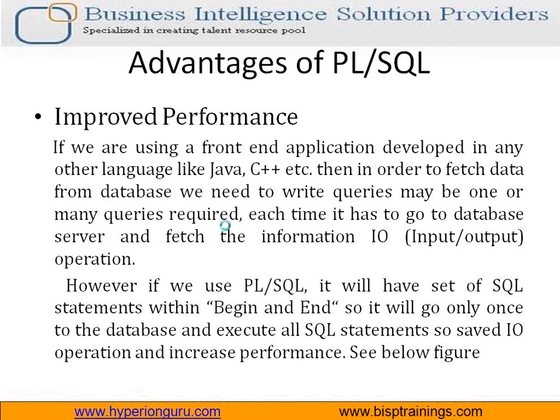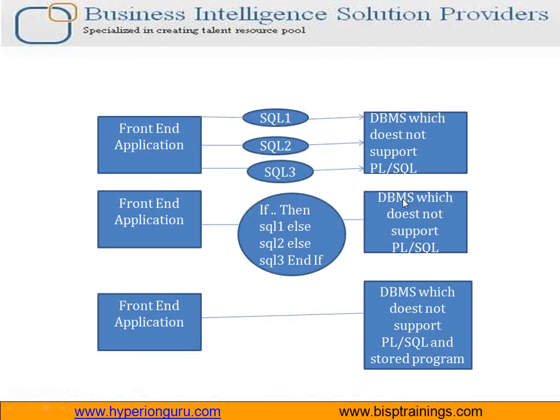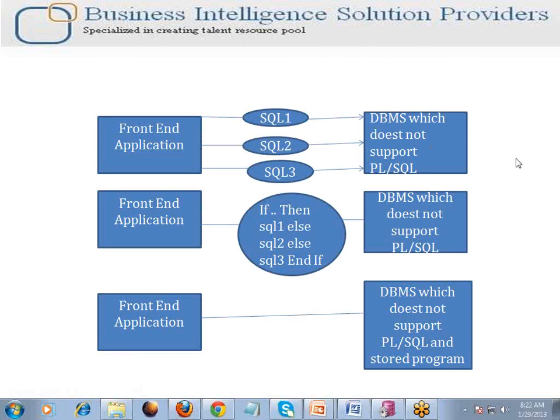I'll show you in the next slide. You can see the front-end application, which may be developed in Java. If you require information from the database, you have to write the first SQL, the second SQL. There may be n number of SQLs. What happens? If you write one SQL, it will go to the Oracle database or any database, fetch the information and come back to the front-end application.